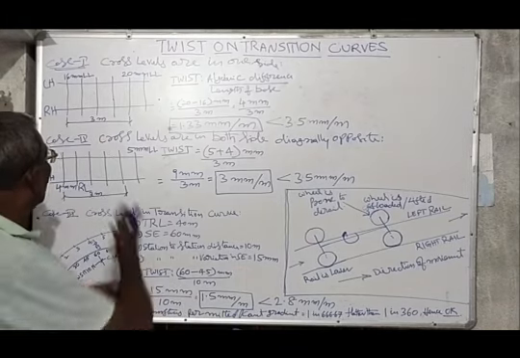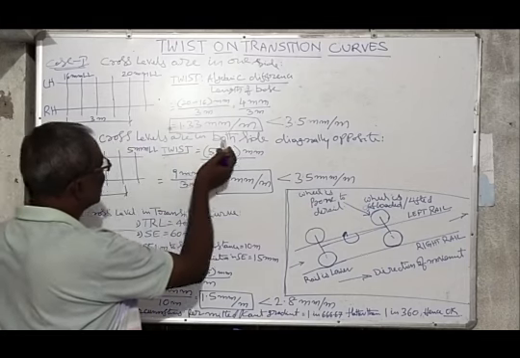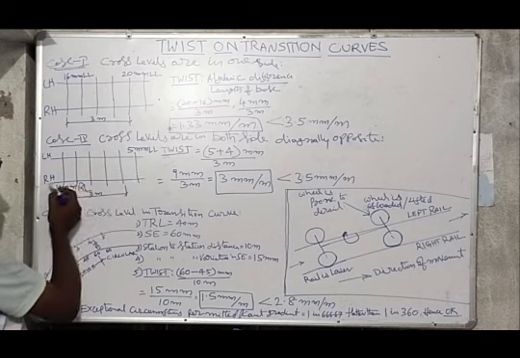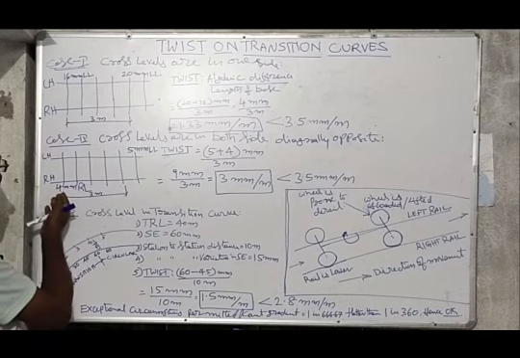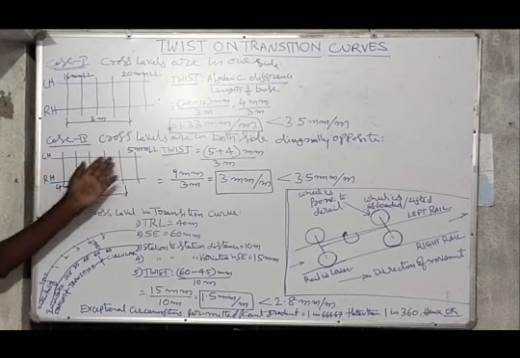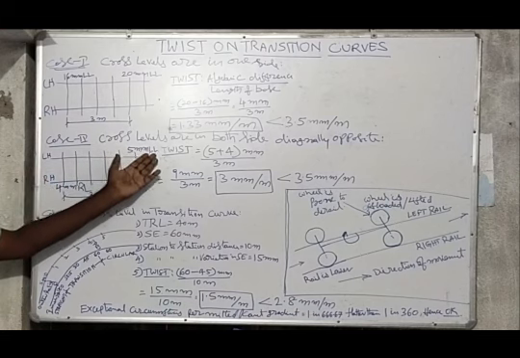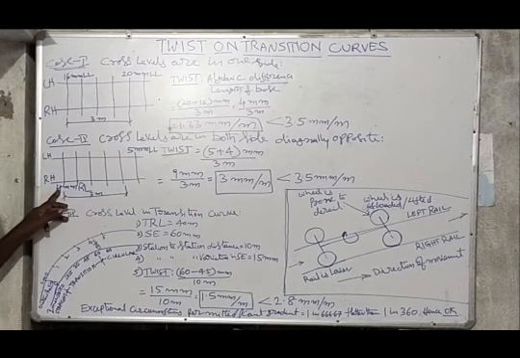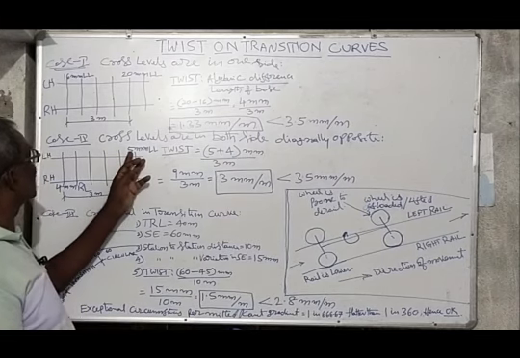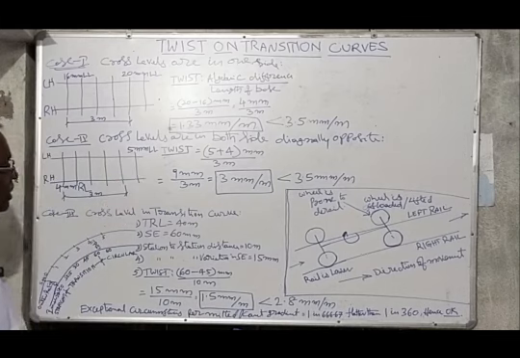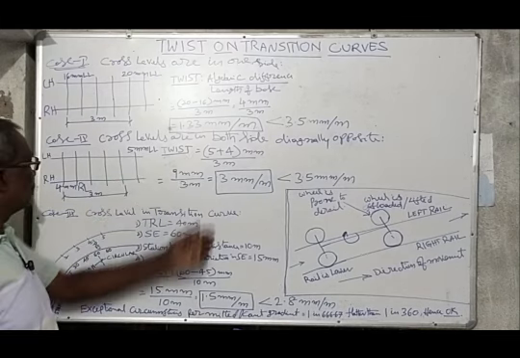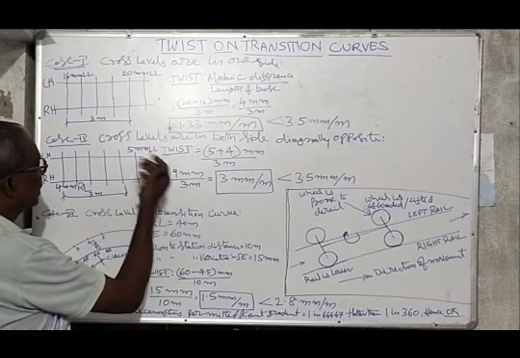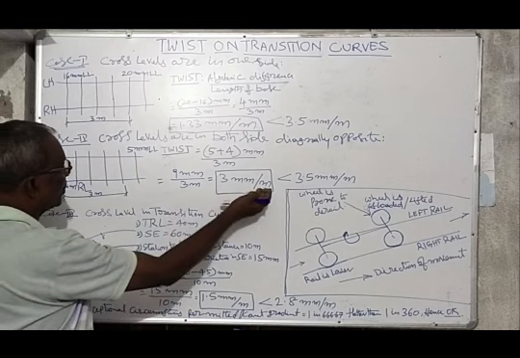Next, case 2, cross levels are on both sides diagonally opposite. This is the left side rail, this is the right side rail. So in the first sleeper 4 mm right low. After the fifth sleeper 5 mm left low. Here the algebraic difference is 0 plus 4 minus of minus 0 plus 5, that is 5 plus 4 by 3 meter base, that is equal to 9 mm by 3, that is 3 mm per meter.